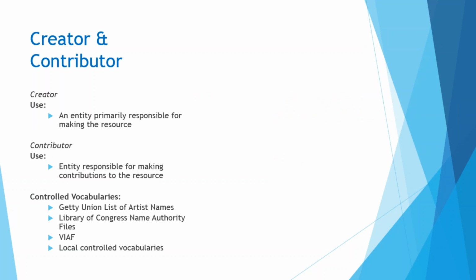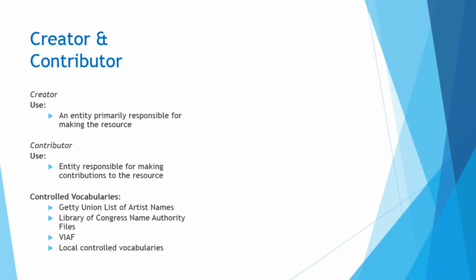So creator and contributor. The creator field is recommended to be included if available, and it is repeatable. It's visible in the DPLA user interface. The creator field describes an entity primarily responsible for making the resource, and that includes but is not limited to authors, photographers, or painters.